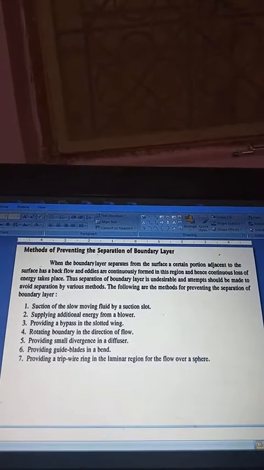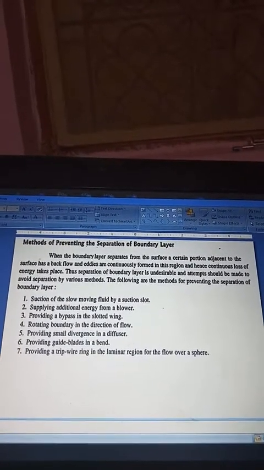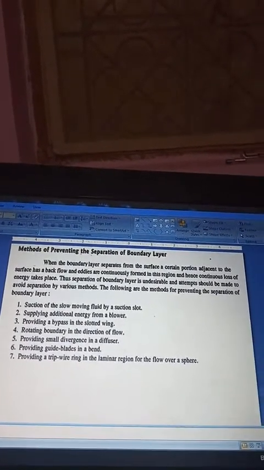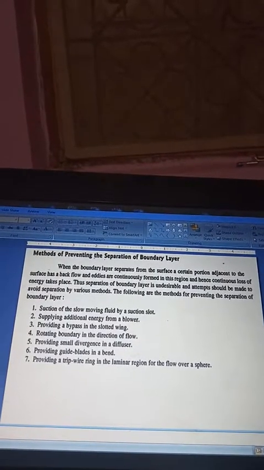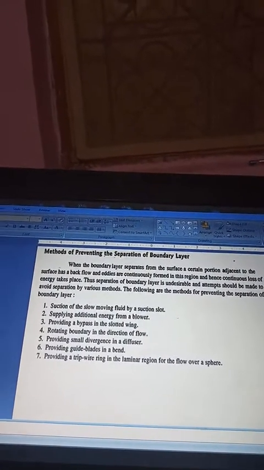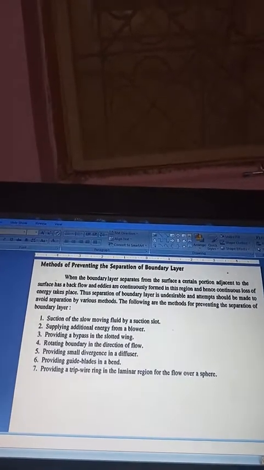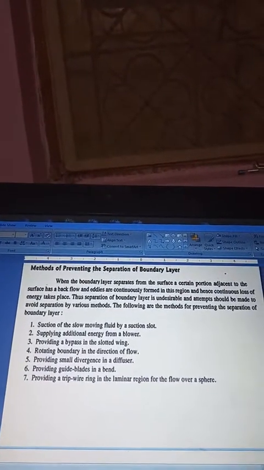So these are some of the methods you have to try so that the boundary layer remains attached to the solid body. What are the possible ways? Let us provide some slot inside the solid body itself, so that the fluid gets sucked inside that slot and does not detach from the surface.